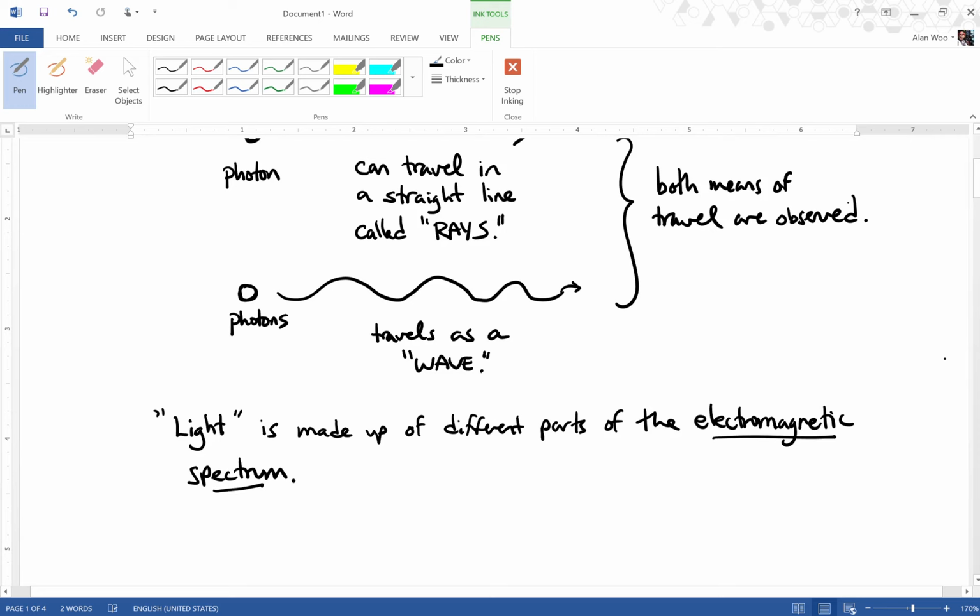Sometimes it's called radiation, or different types of radiation. Now, we don't use the word radiation that much because a lot of the times people have a negative viewpoint in terms of radioactivity, but not all radiation is bad. It just depends on how long or short these wavelengths are.